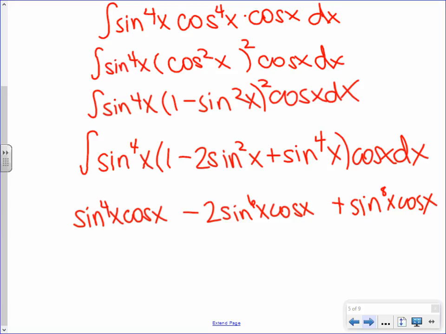Verify multiplication. I was waiting so I could just break it up into 3.